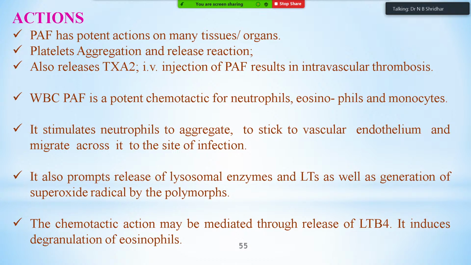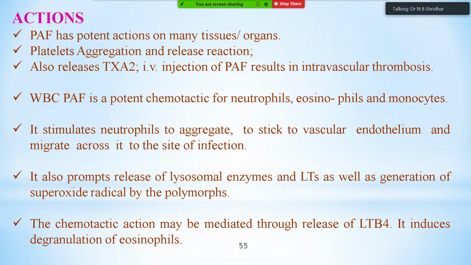So whenever there are inflammatory reactions, it has a chemotactic property for white blood cells. It stimulates neutrophils to aggregate, to stick to vascular endothelium, and migrate across it to the site of infection. Whenever bacteria enter the body, the inflammatory process starts immediately.